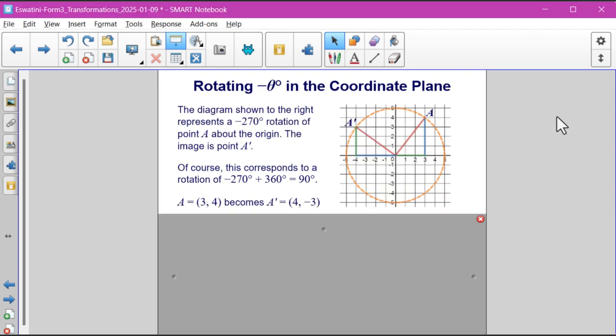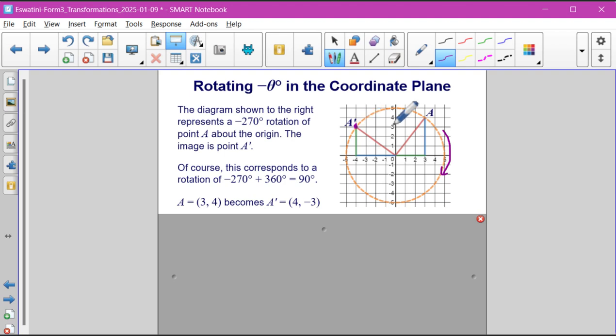Now let's discuss rotating points or objects negative degrees in the coordinate plane. The diagram shown to the right represents a negative 270 degree rotation of point A about the origin, and the image is point A prime. So it's a negative degree, so we're going clockwise, and 270 degrees means we're going all the way around from quadrant 1 to quadrant 2.